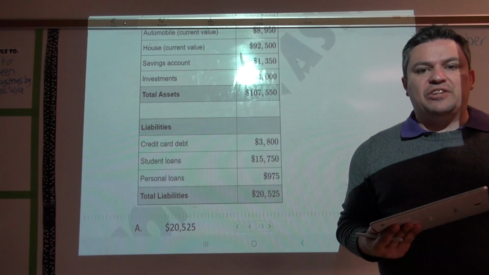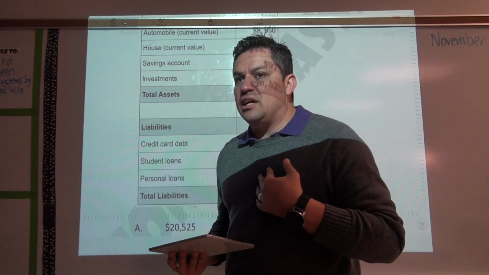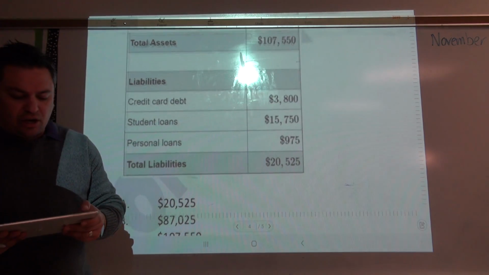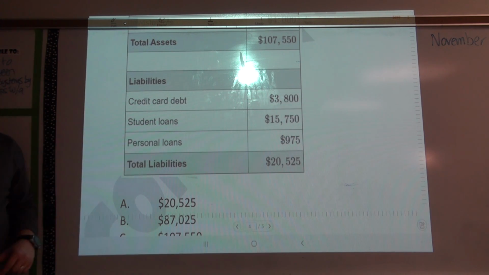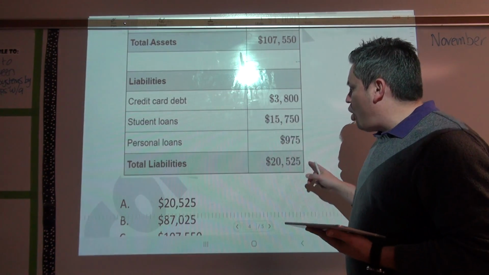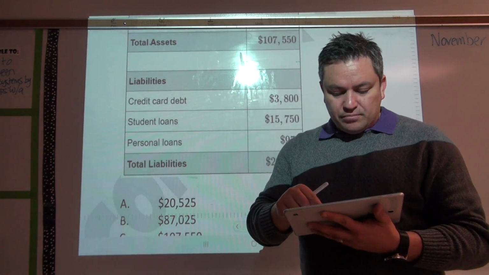Those are the total of the assets, what you own, okay? The assets are things that you own. Now we also have some liabilities in this case: credit card debt, student loans, and personal loans. So my total liabilities, the things that I owe, is 20,000 something.